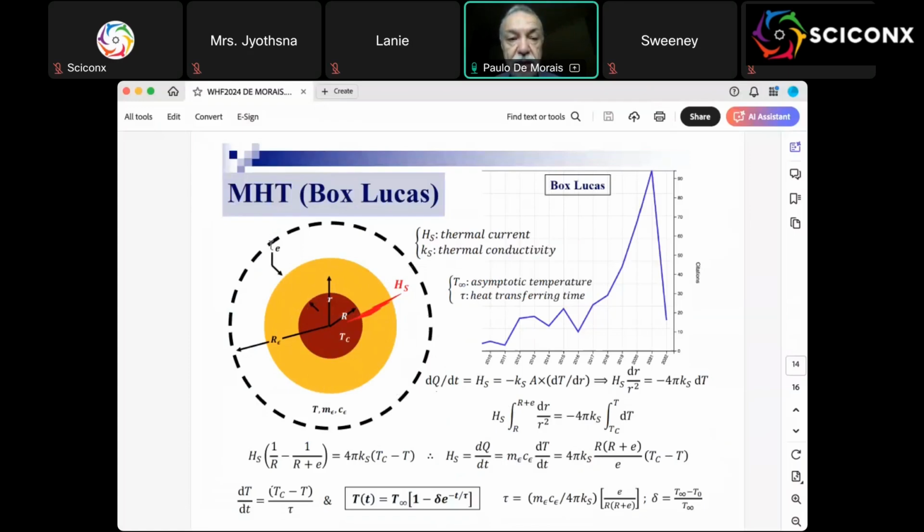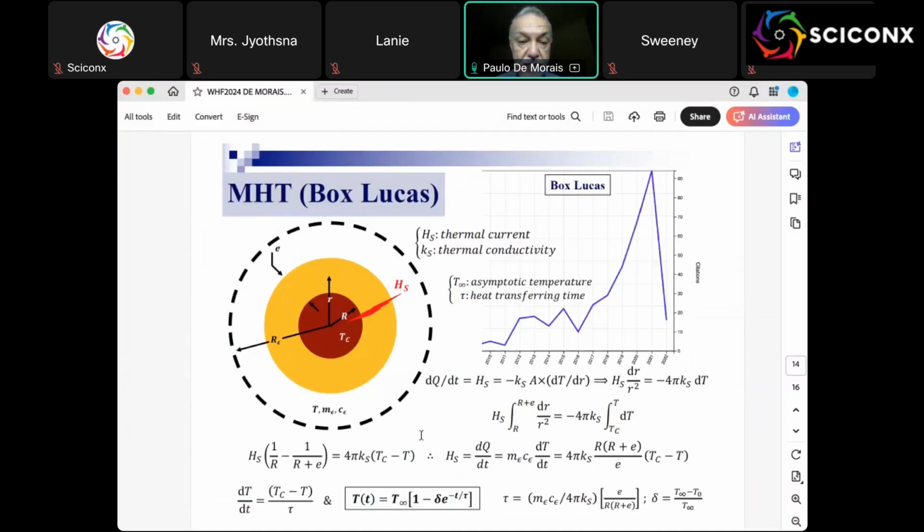If we take the thickness of the layer as e, we integrate from R to R plus e. So this is the thermal transfer from the core up to the outer layer. And at the same time, we can set the temperature of the core and the temperature of the outer layer.